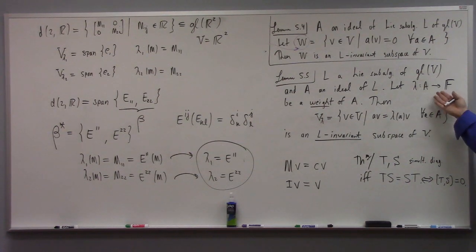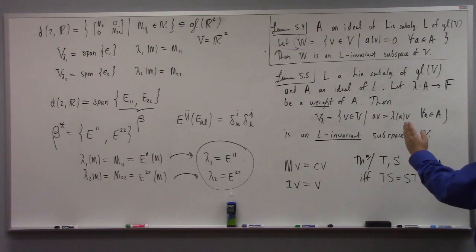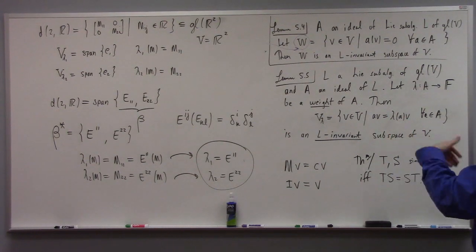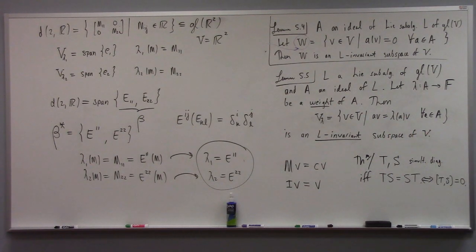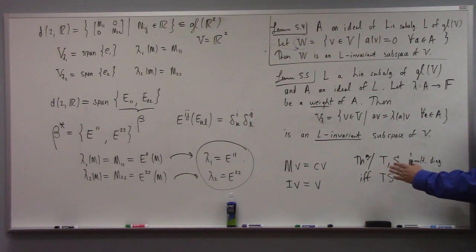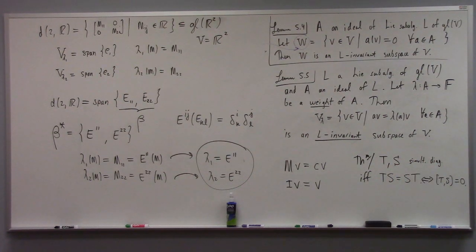Essentially, the ideal A is playing the role of 0, right? Things are getting sucked back into the ideal again. Okay. This whole thing is a play on this theorem.